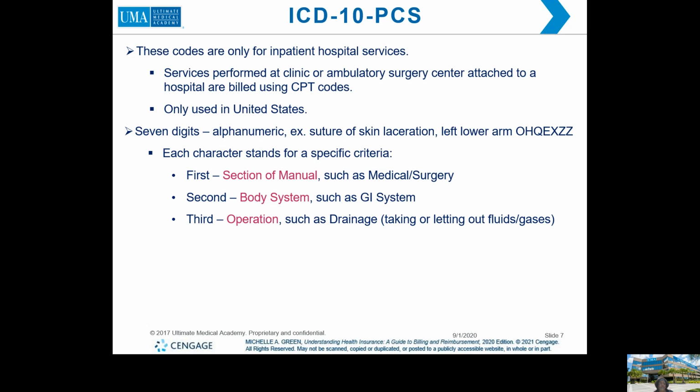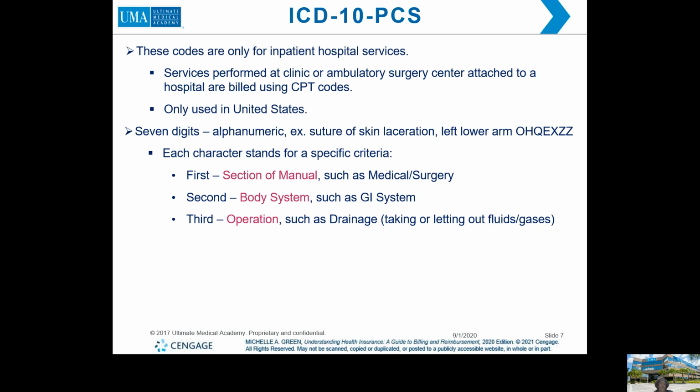Now, it doesn't mean what operation did they have. It means what had to happen to the patient. What happened? So in this instance, this third operation, we're using drainage as an example. In our example, we use a suture of a skin laceration, left lower arm.